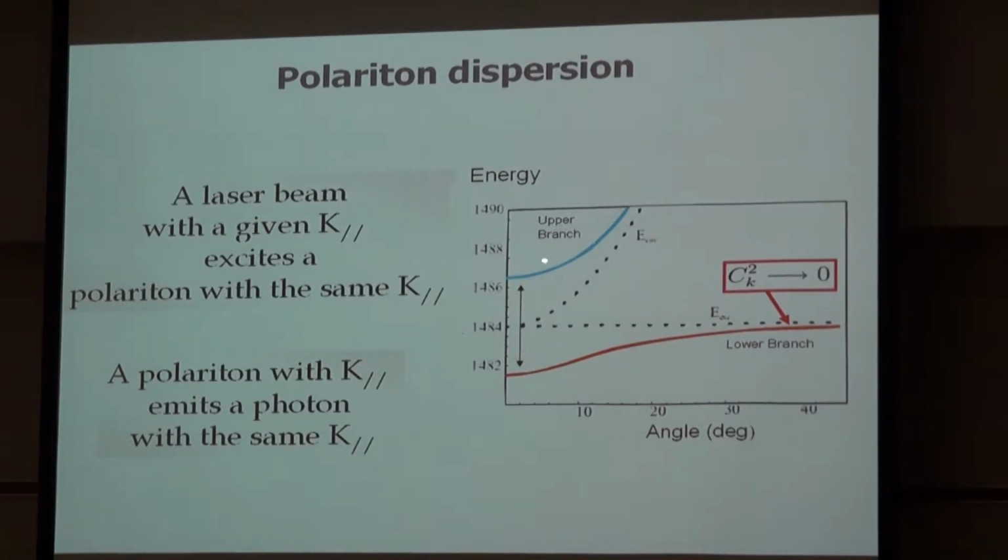But now, if we are in the strong coupling regime, we have this splitting here. You see that the upper branch goes up, the lower branch goes down, but it doesn't go down uniformly. Here it takes some of the shape of the photonic band, and we have a strong coupling between these two levels.